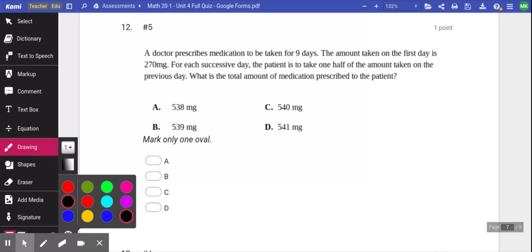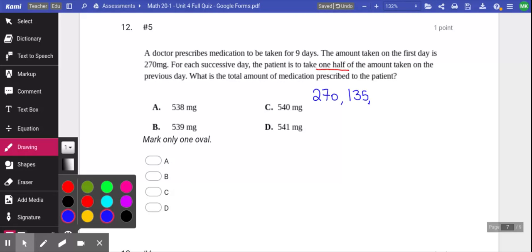Okay, so if we think about this, that means I have 270 milligrams on day 1. On day 2, I am to take 1/2. That means this would drop down to 135. On day 3, this would drop down again to 1/2.